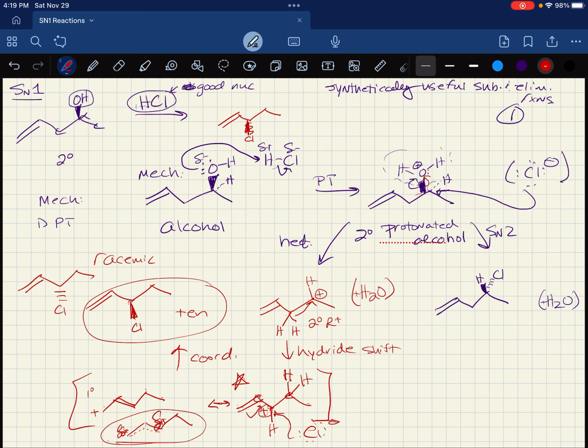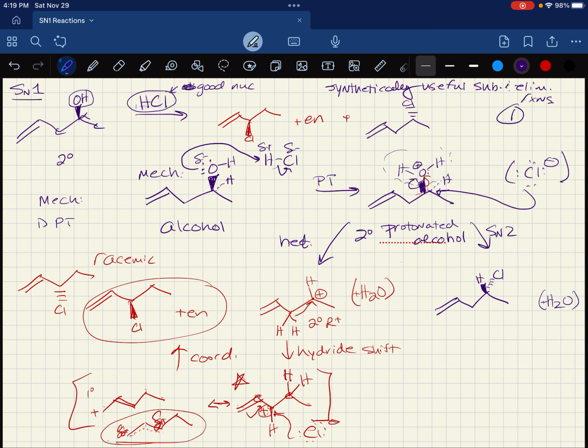So you could do that, or you can draw a wedge or a dash or whatever, plus ENT. And then we would get some of that inversion product from the SN2 reaction. Okay, so those would be the mixture of products we would get.